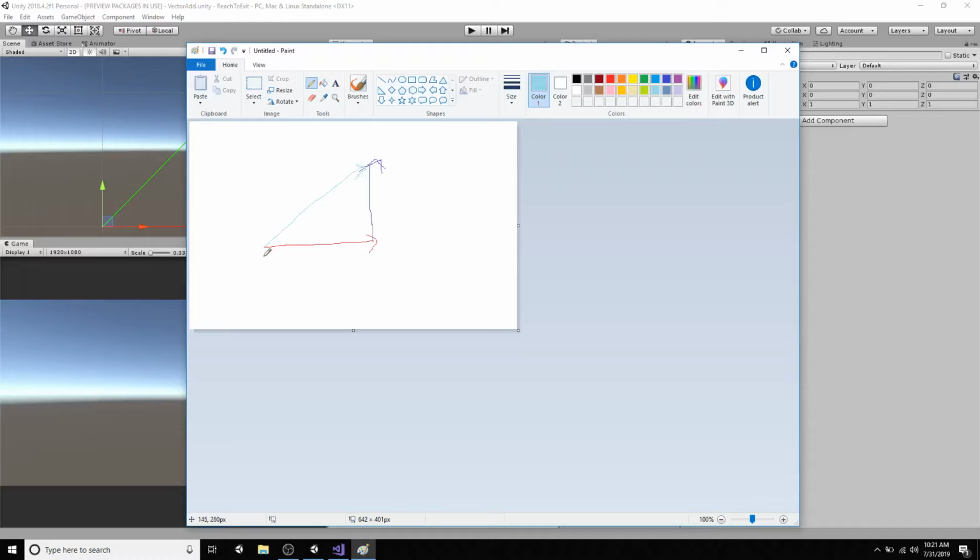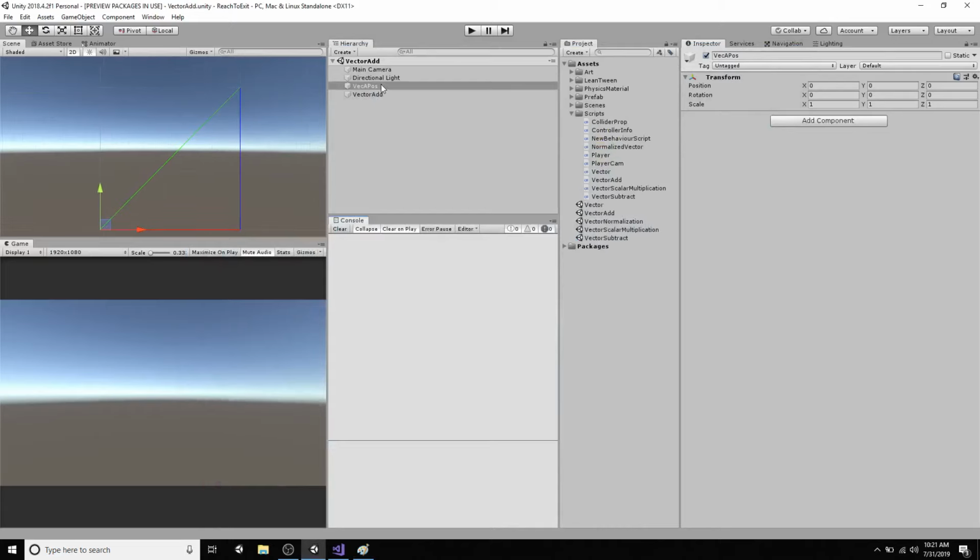So this is what vector addition is. When we add these two vectors, this is the resultant vector, and its head points to the head of the second vector, that is vector b, and its tail points to the tail of vector a. So this is called vector addition.